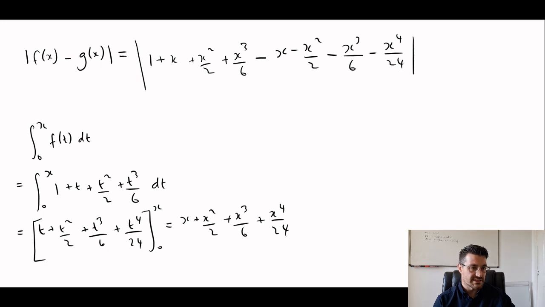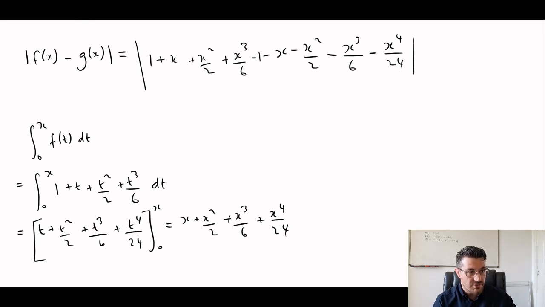So there's a lot of cancelling here. Sorry. No, g was 1 plus, wasn't it? So actually, I need to squeeze an extra minus 1 in there.